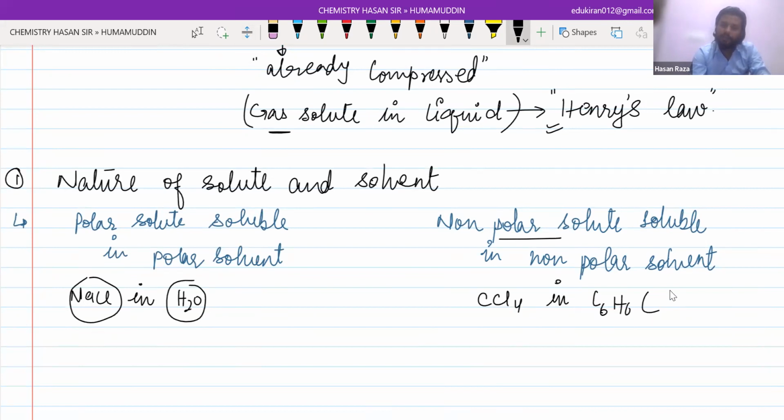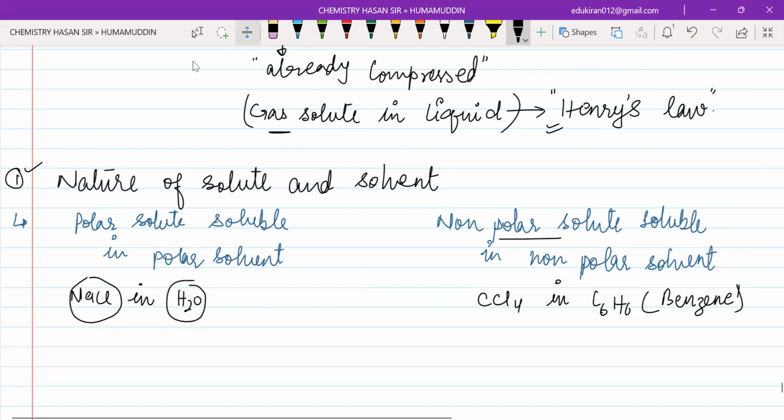This solvent, benzene, is non-polar. So this is the solubility principle. If you have a polar solute, it will be soluble in polar solvent. And if you have a non-polar solute, then it will be soluble in non-polar solvent. So this is how solubility depends upon the nature of solute and solvent. Is that clear?